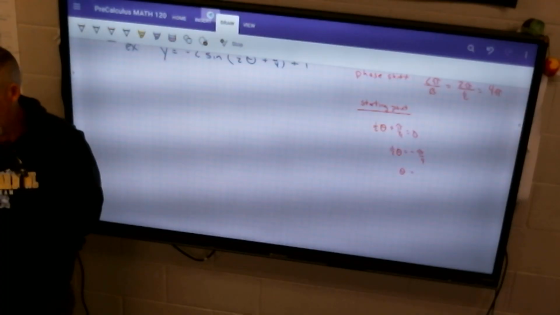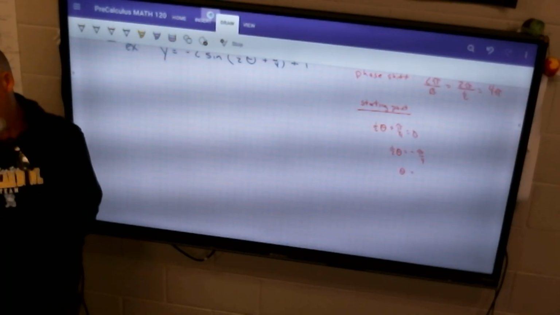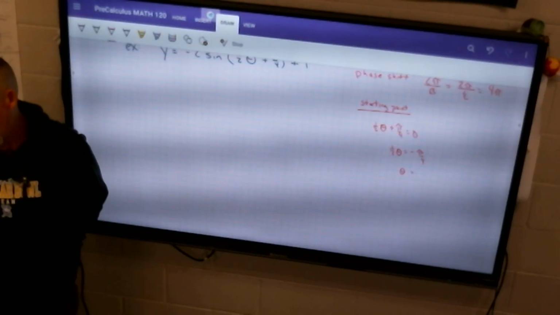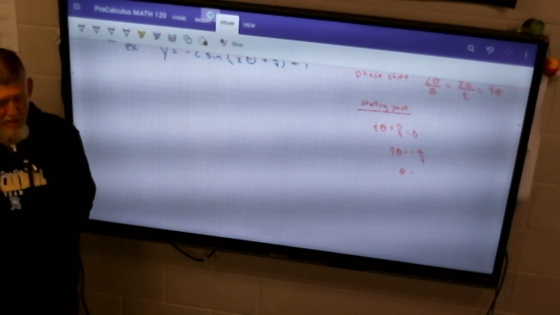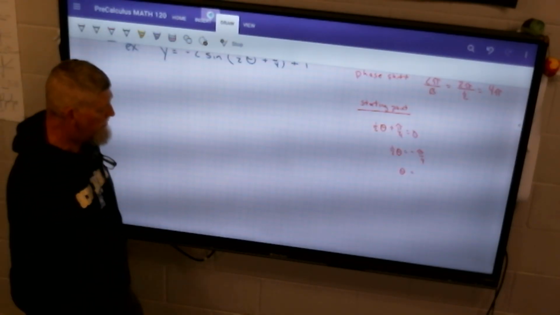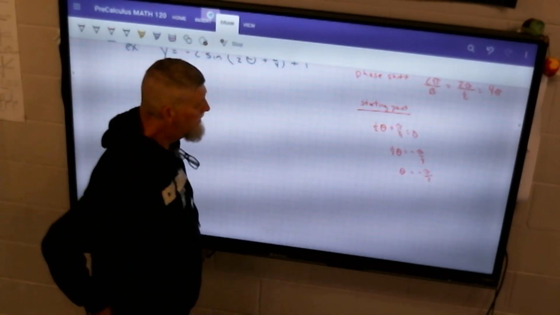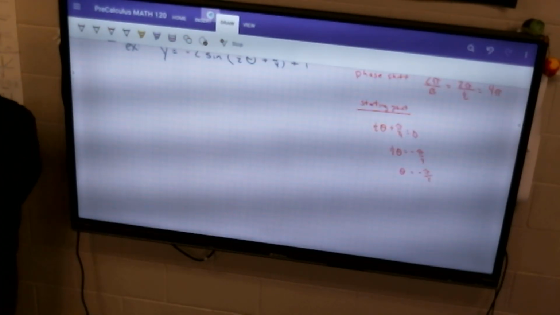How do I get rid of the 1/2? Divide by 1/2, which is the exact same thing as multiplying by 2. So I could multiply both sides by 2. What do we get? Negative pi over 2. Multiply both by 2, you get negative 2 pi over 4, which reduces.